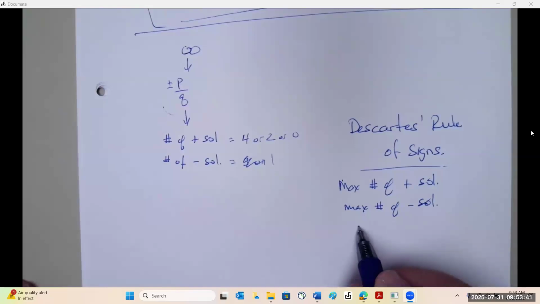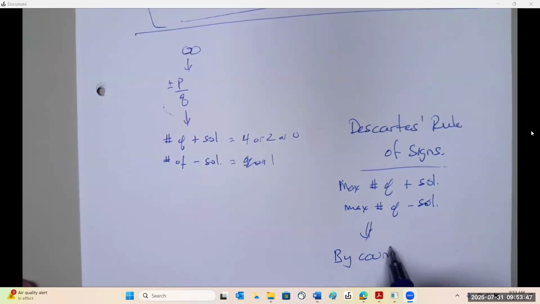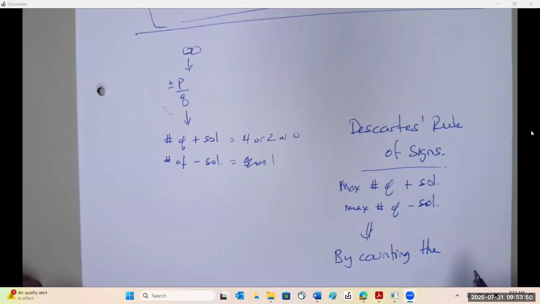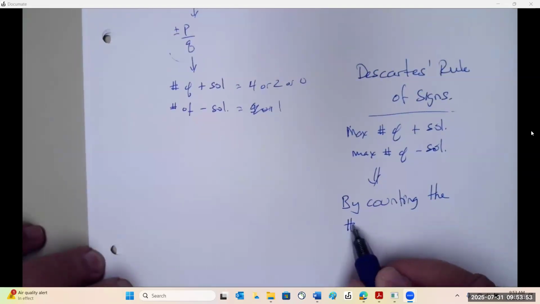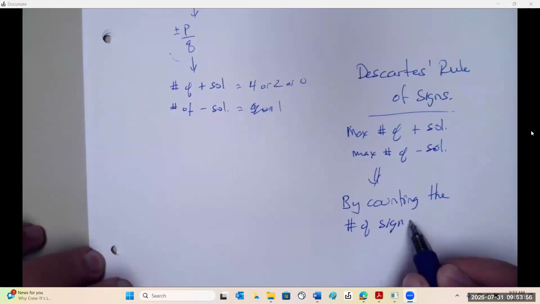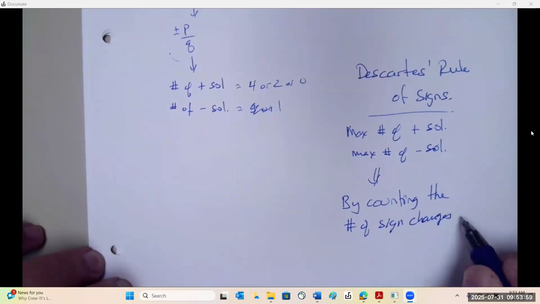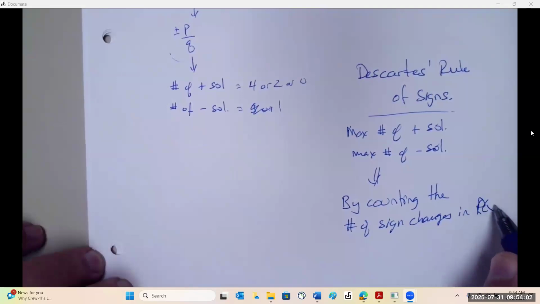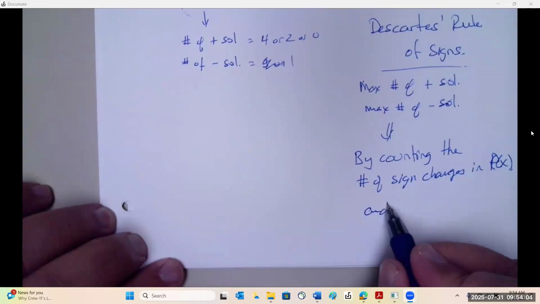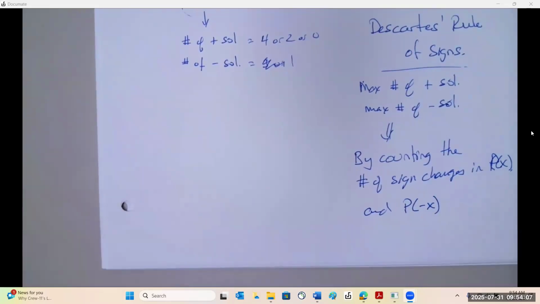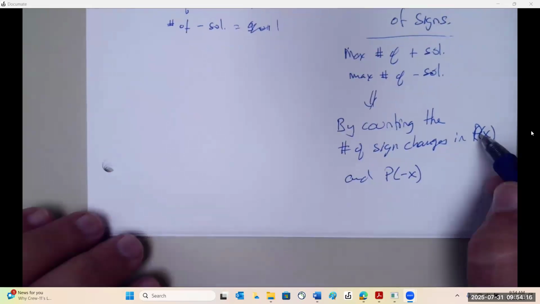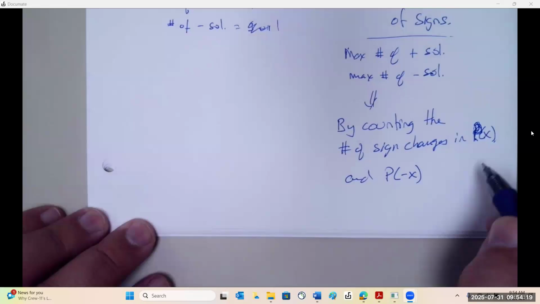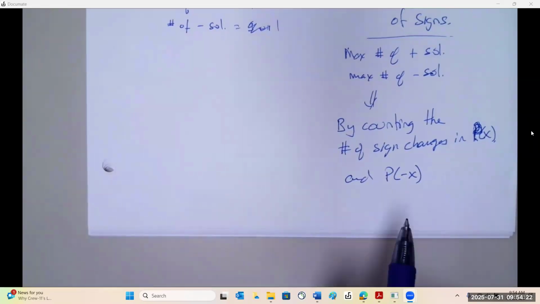How is it done? By counting the number of sign changes in your polynomial p of x, and if you change x to negative x.